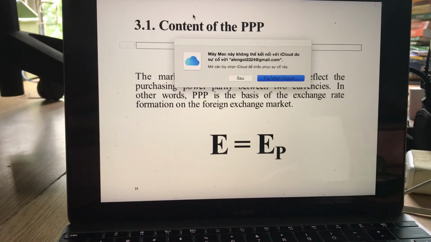Like for the USD it is about 23,000. For the WON it is only 200. So we consider where these figures come from. And the answer here is that they come from the purchasing power parity.